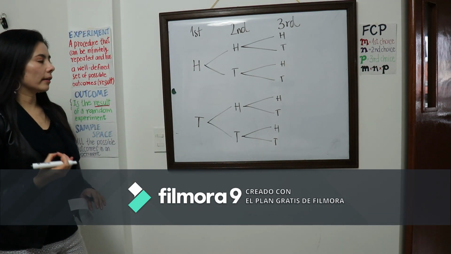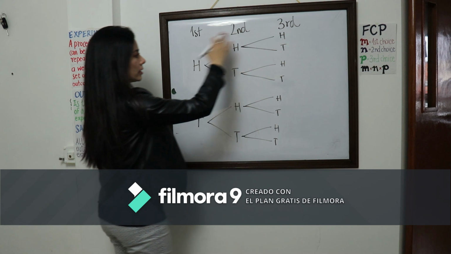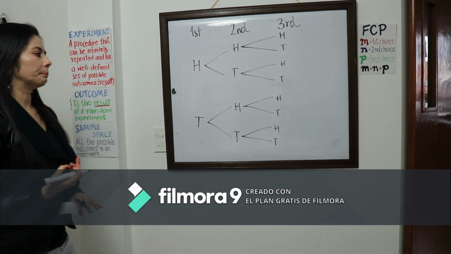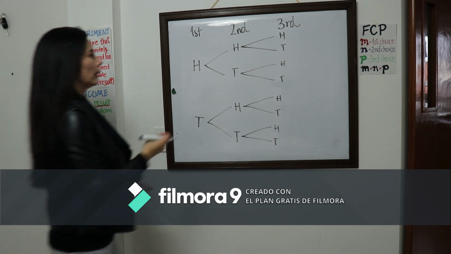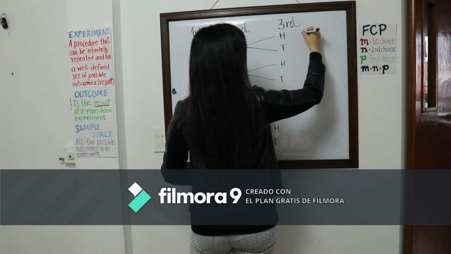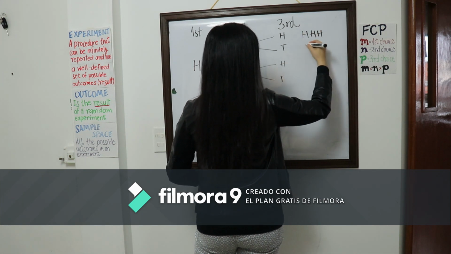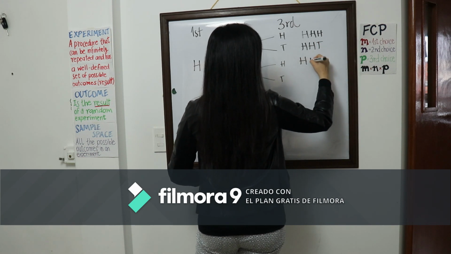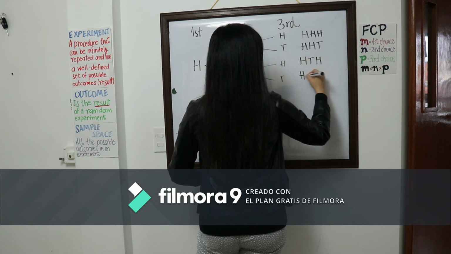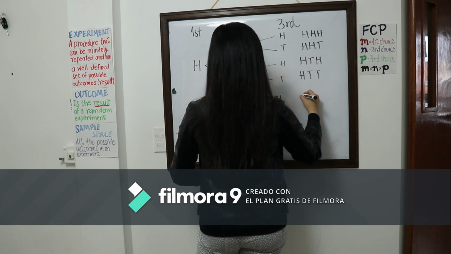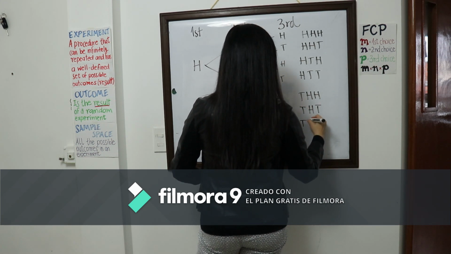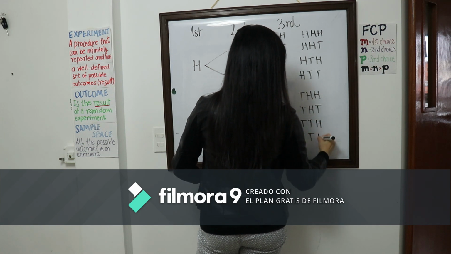And then if I want to think about the list, I mean, this is the sample space. This is the tree diagram for the sample space. But if I want to make a list, then I probably am going to get heads, heads, and heads, then heads, heads, and tails, heads, tails, and heads, heads, tails, and tails, tails, heads, and heads, tails, heads, and tails, tails, tails, and heads, and finally, all tails.